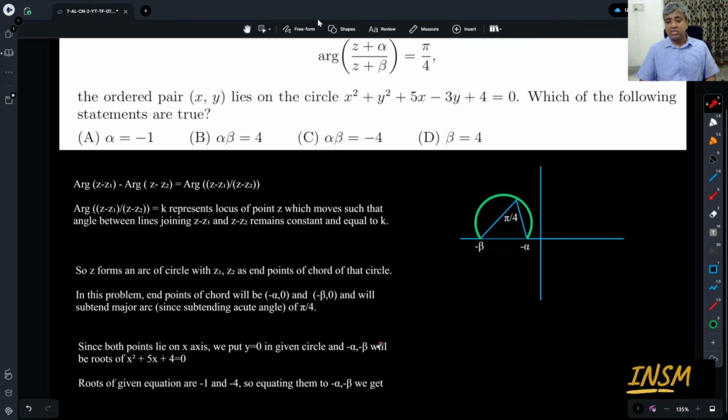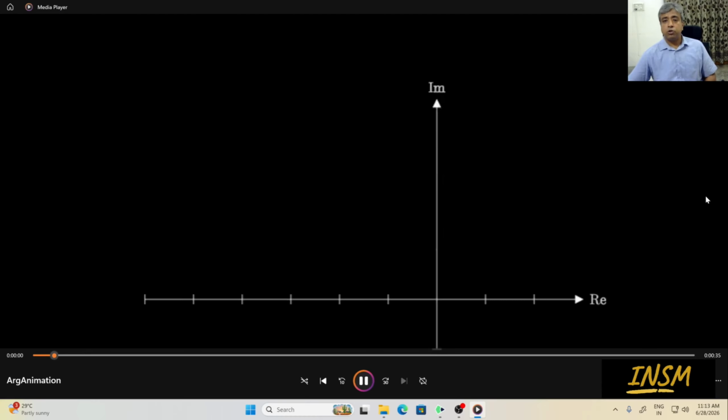We'll see the same thing in a little animation so that the visualization is clear. This is roughly an easy problem basically. We take two points, minus alpha and minus beta, and z is a variable point. We join these two points and the angle subtended should be pi by 4.